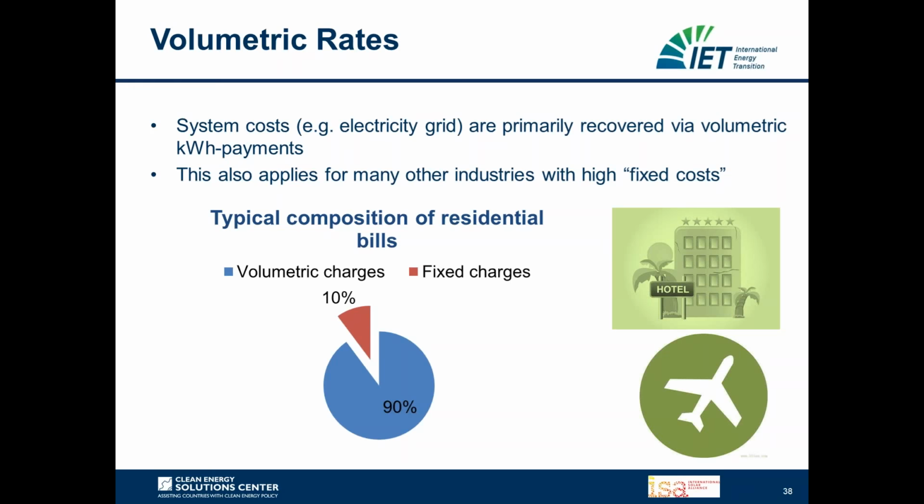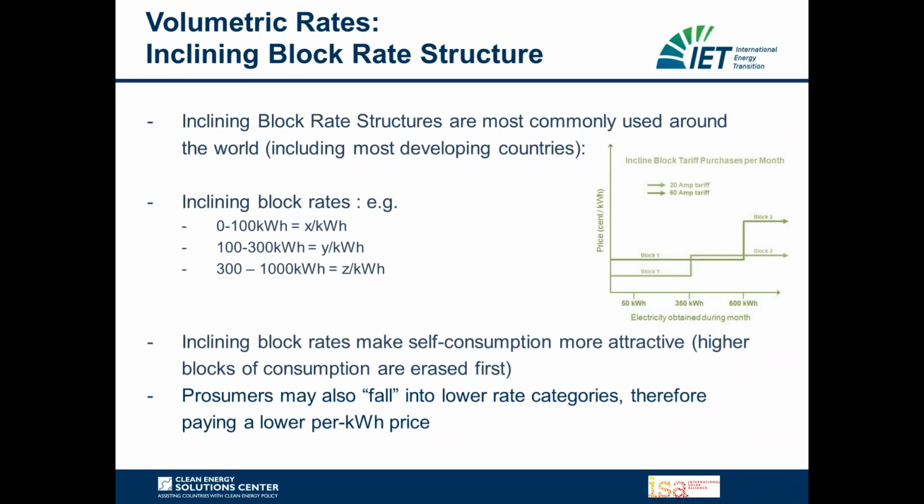When we talk about volumetric rates, actually the most common design of volumetric rates are the inclining block rate structures. I've already mentioned this before, that for the first couple of 100 kilowatt hours, especially in many developing countries, you normally pay less per unit of electricity. And then once you reach a certain threshold, for instance, here in the graph, it starts at 350 kilowatt hours.